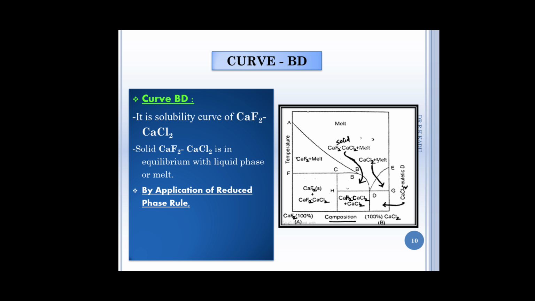After application of the reduced phase rule, we get F = 2 - 2 + 1, that is equal to 1. Hence, the curve BD is known as a univariant curve, or the system is univariant at curve BD.